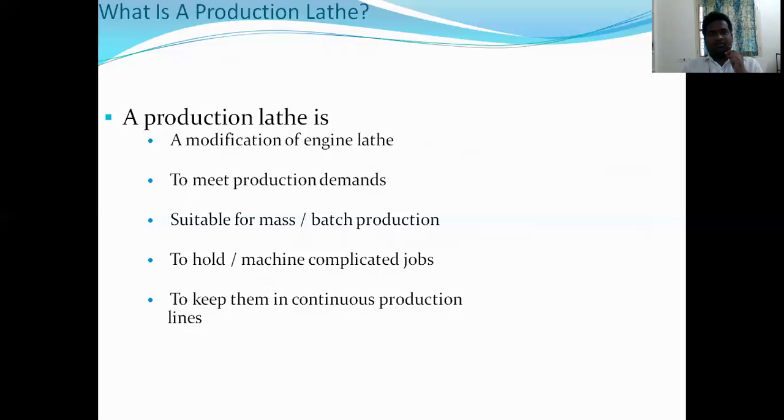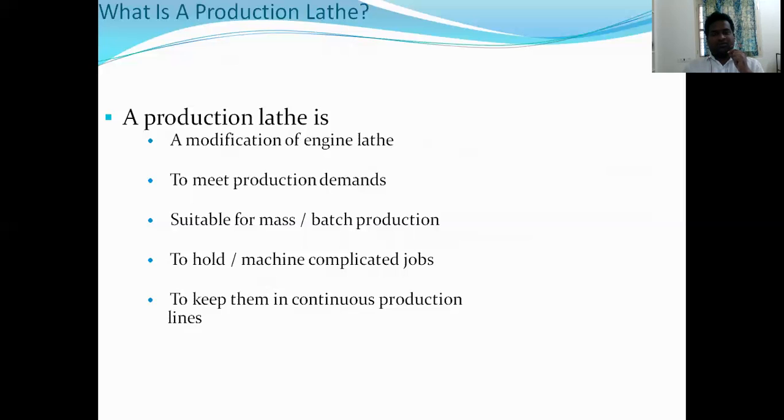So this is all about the production lathe. A production lathe is a modification of the engine lathe, and we modify it to meet our production demands. After modifying, it is suitable for mass and batch production, and also to hold and machine complicated jobs, and to keep them in continuous production lines.